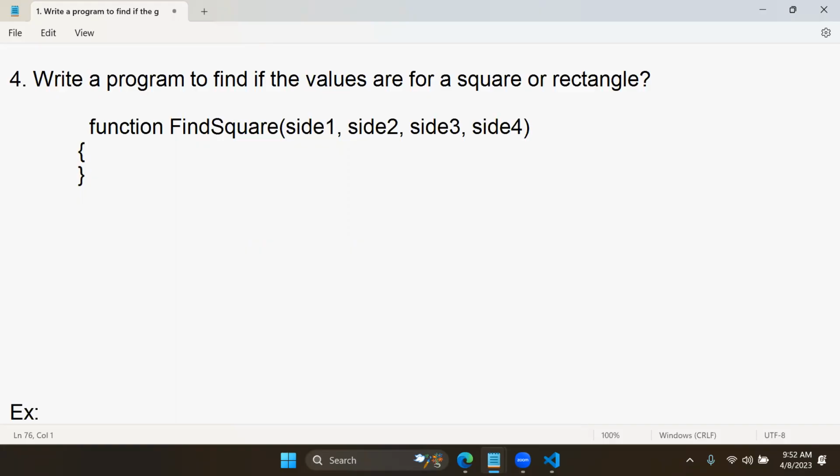Then it is a square. Otherwise, it should say rectangle.